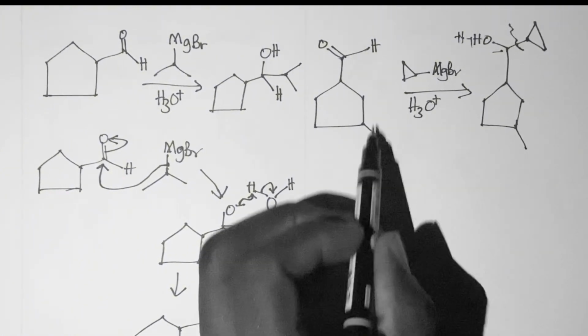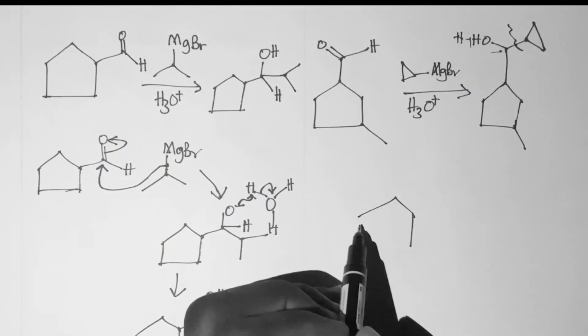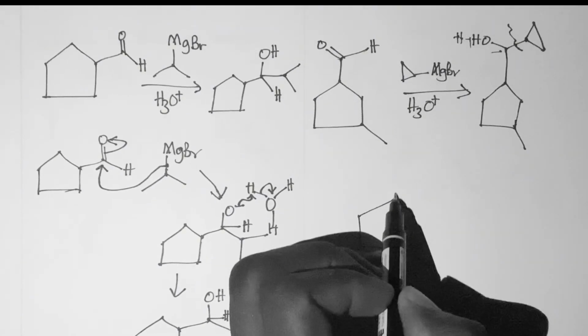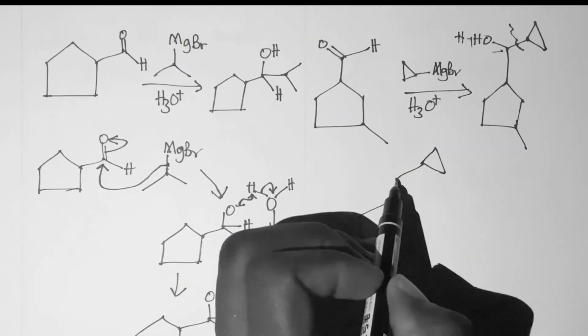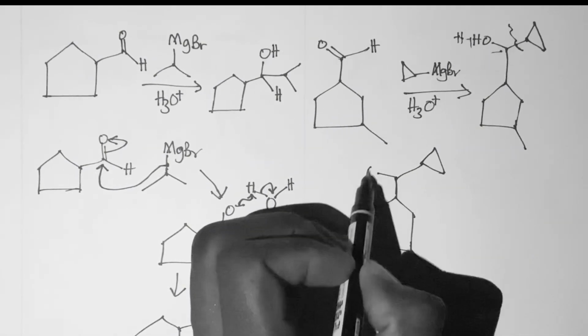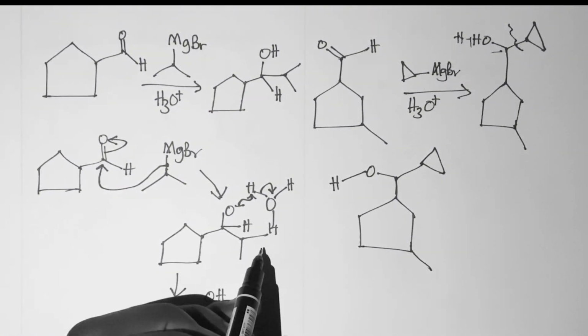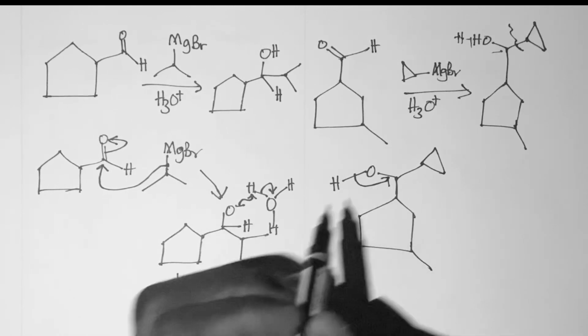Now let's use reaction mechanism to show this. So first, this is what we start with. This is the product that we are given. So what will happen is that this will be moved to this.